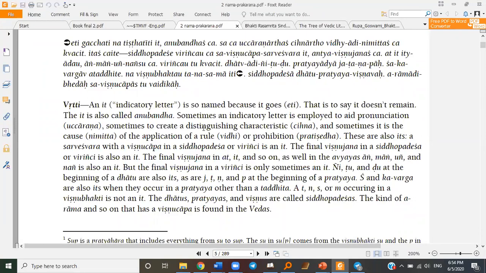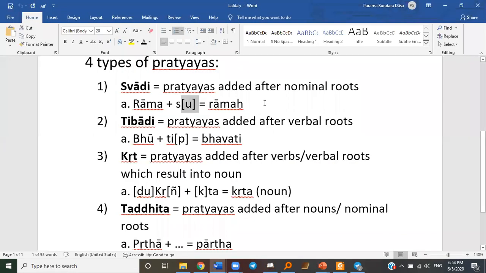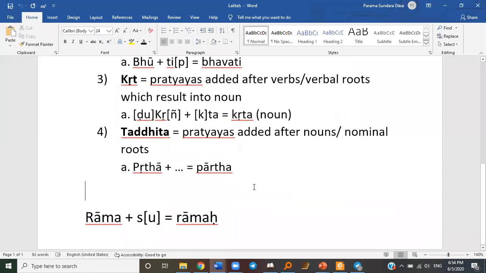Sometimes it is to create a distinguishing characteristic. For example, the 1.3 is Jus, and the 2.3 is Shus.